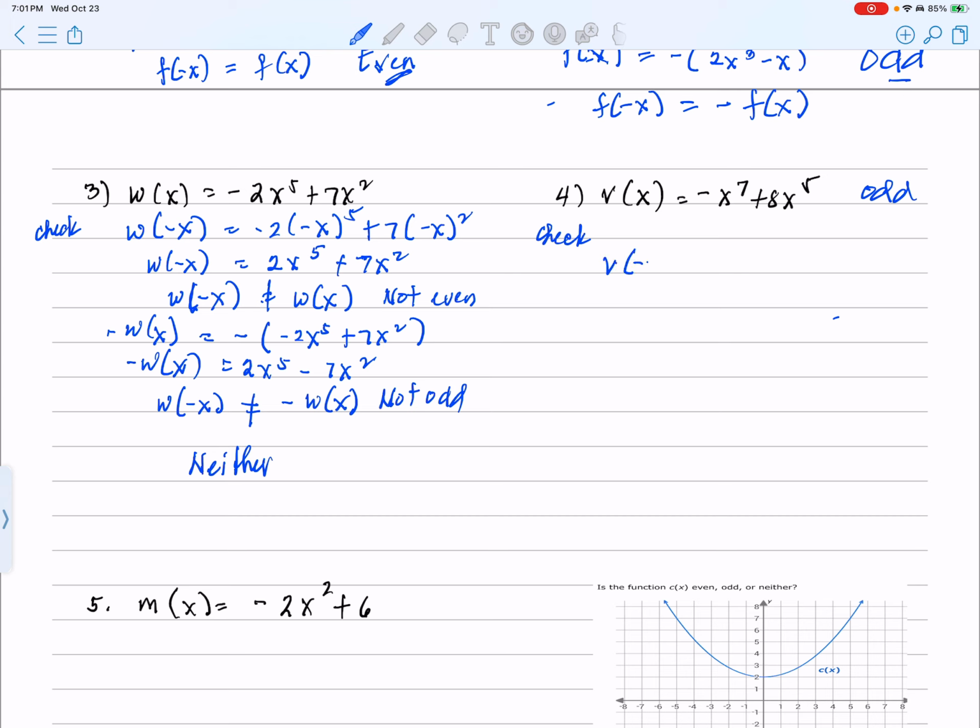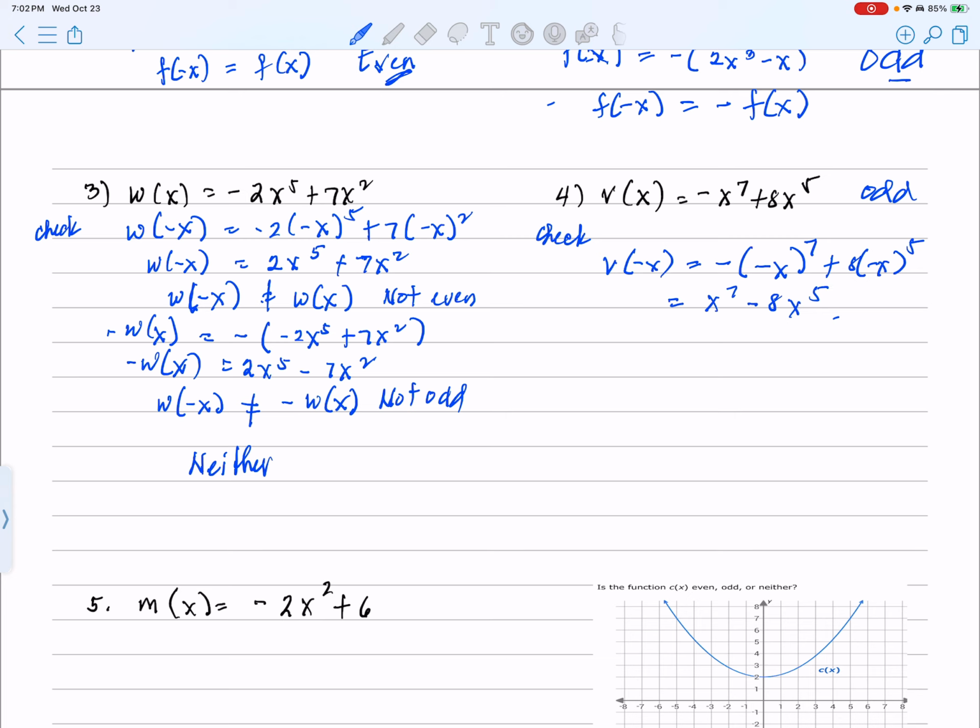So, b of negative x, I substitute a negative x into the function: negative, negative x to the power of 7, plus 8 times negative x to the fifth. Negative x to an odd degree is negative. So negative times negative, that is positive. 8 times negative x to the power of 5, that's negative. So we have x to the 7 minus 8x to the fifth power.